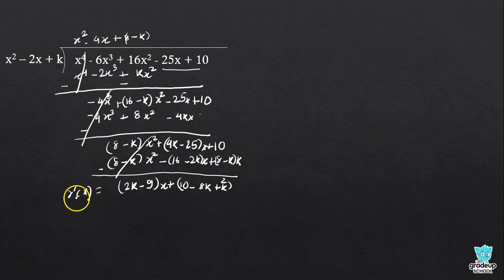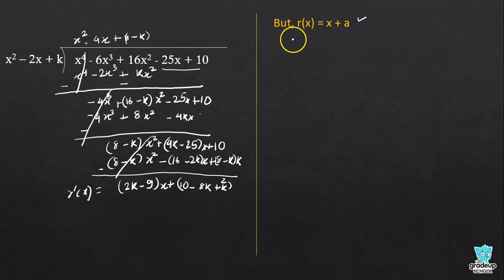Now we are going to equate this with the already given expression for the remainder r(x). We know r(x) is x + a, so x + a can be written as (2k - 9)x + 10 - 8k + k^2.